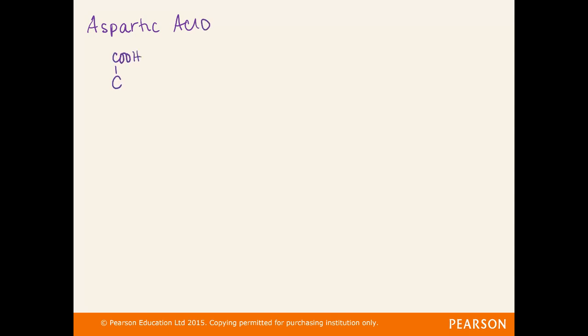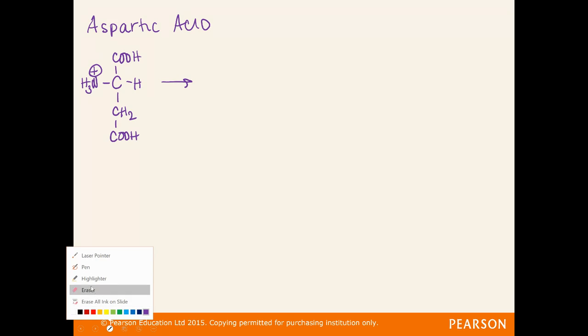I'm going to draw it initially as fully protonated. Try to get rid of that weird N that I drew. Okay, so go ahead and let's look up the pKa's because you have your reference material.